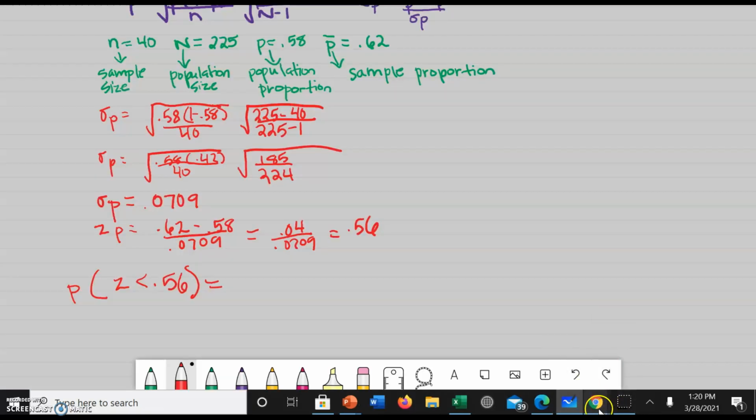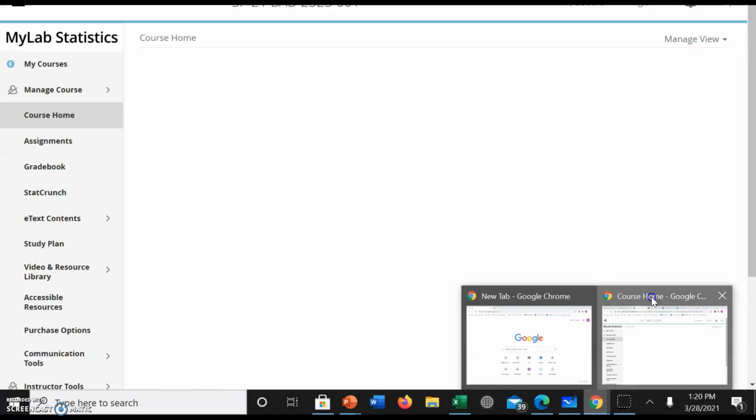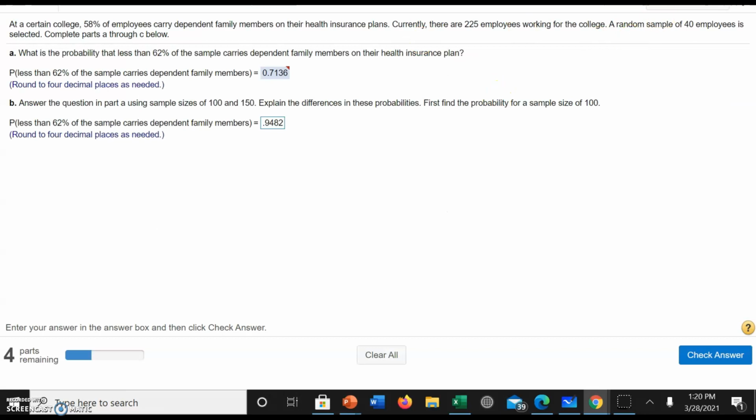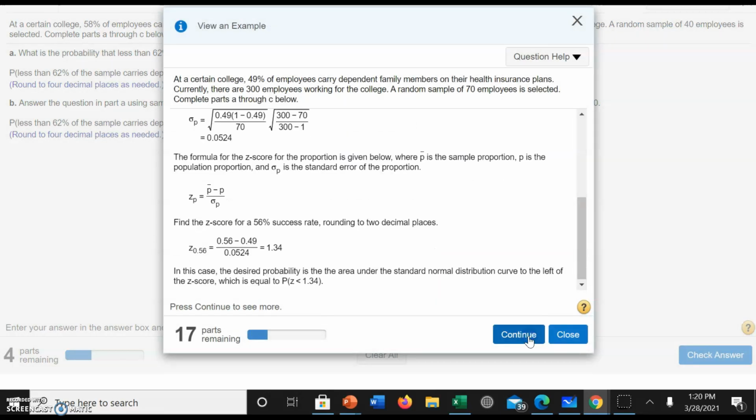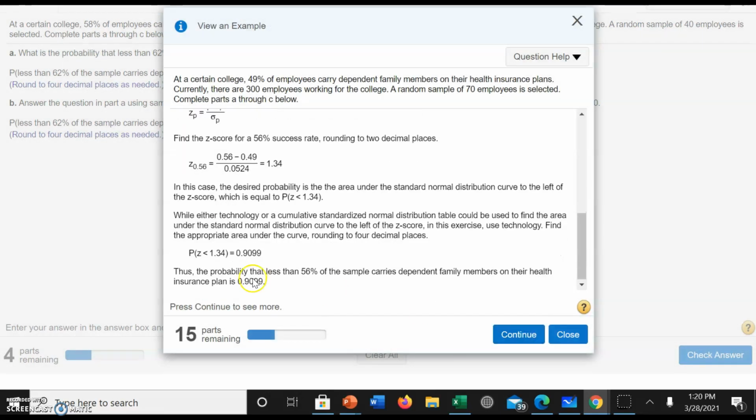For this last step, I'm going to go through here so I can show you that it says, while you could use the table to find the area, in this exercise use technology.